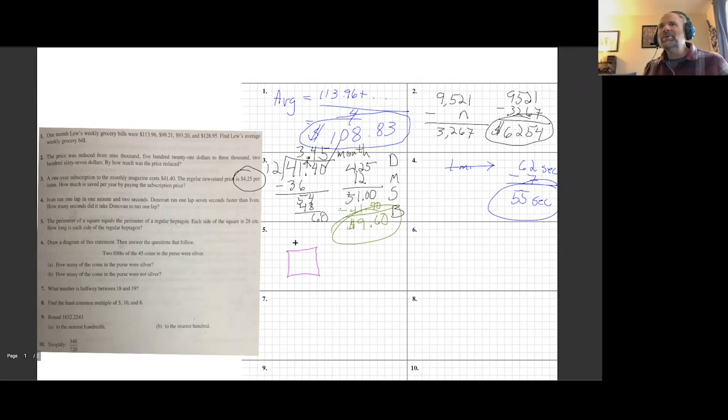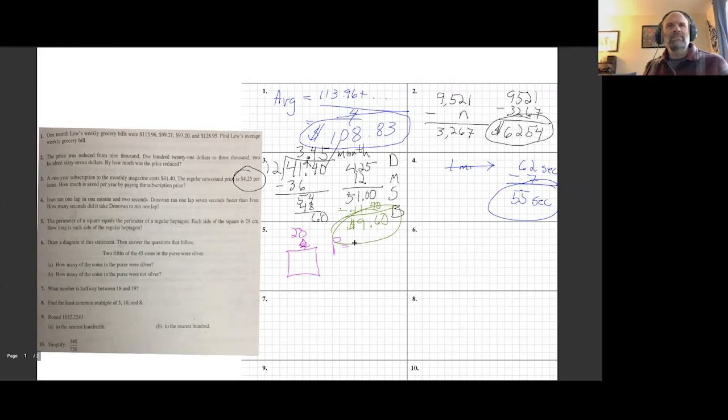So if the perimeter equals, let's see, if this was a variable s, each side of the square is 28 centimeters. So let's find the perimeter of the square. How do you find the perimeter of a square if you're only given one side? Yeah, Adeline?